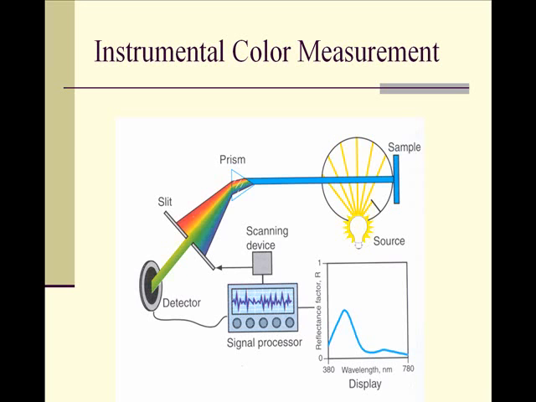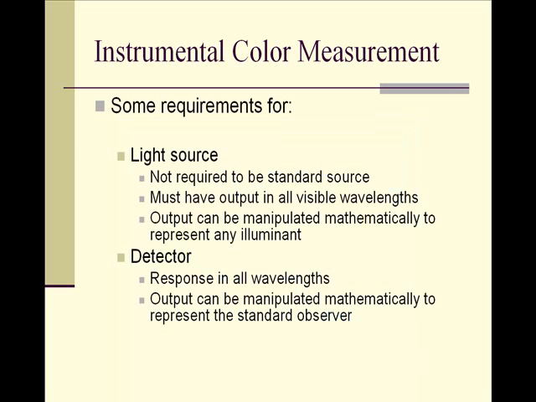There are some requirements for our light source and detector that are used in the instrument. One of them for the light source is it really doesn't have to be a standard source. Generally, it's either a tungsten light bulb, basically a projector bulb, or a xenon flash tube, which is used to produce the light.